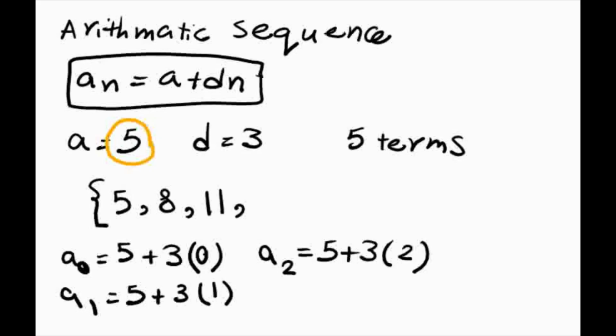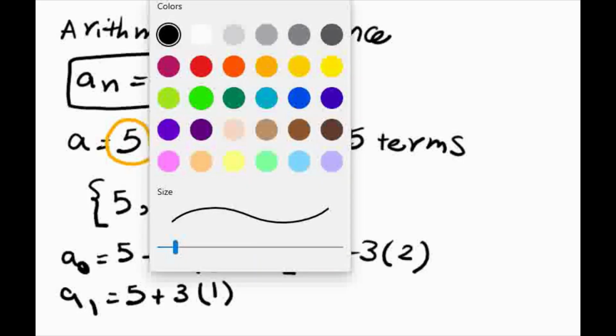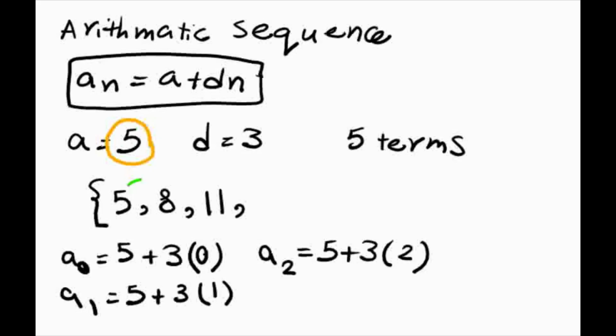Now, as you can see, each one of these is adding 3 to it, and then it's going to the next one. Let me show you with this. So we're adding 3 and it becomes 8. We're adding 3, it will become 11. We're going to add 3 and it will become 14.